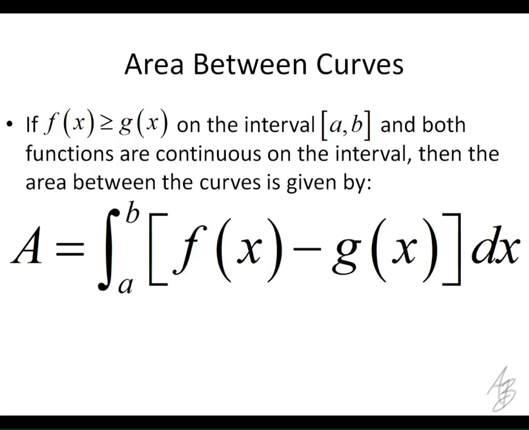You have to have a continuous function, otherwise the second fundamental theorem of calculus does not necessarily work. So if it is continuous, f is bigger than g on the interval, then the area between those two curves is given by this. If you have a case where g is bigger than f, then you flip it. You always do the top function minus the bottom function.